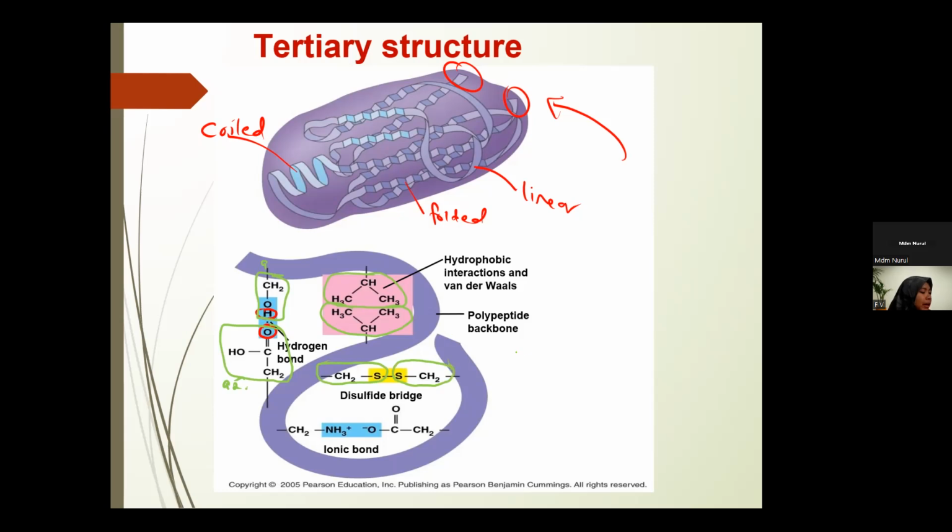So, ingat yang madam buatkan warna hijau, yang hijau ni adalah R group. Yang warna merah adalah dia punya ikatan. Okay, so this is R group of one amino acid, this is R group of another amino acid.